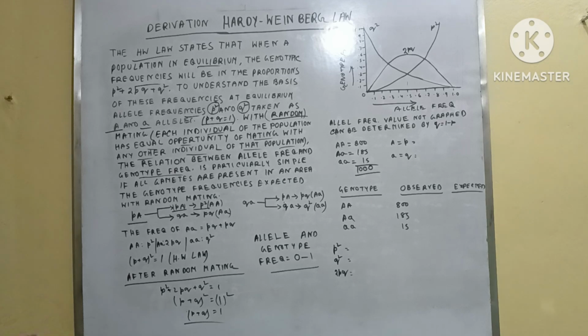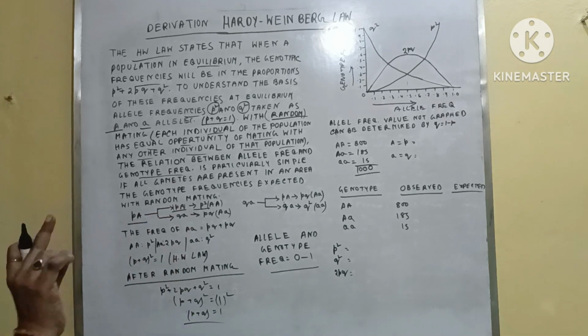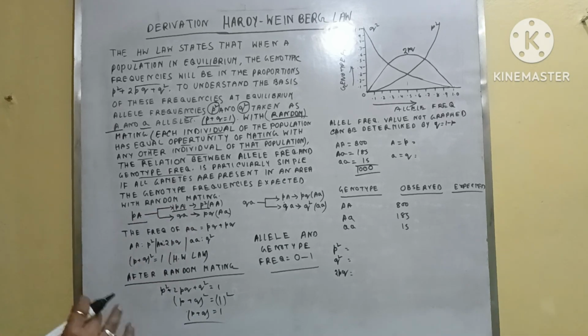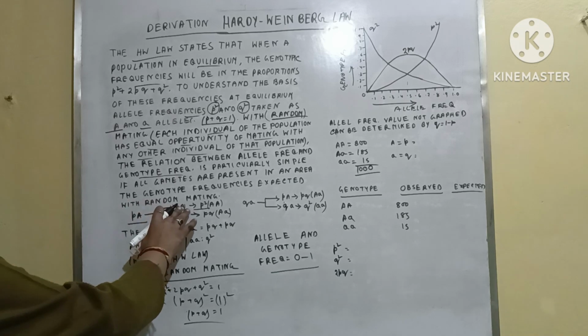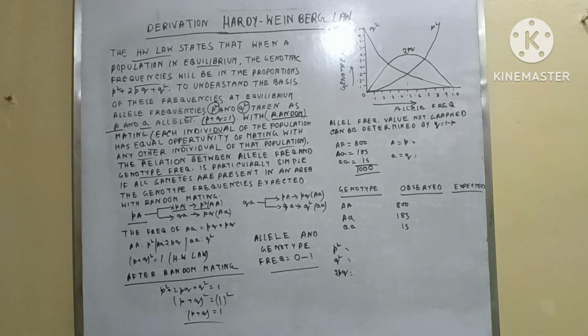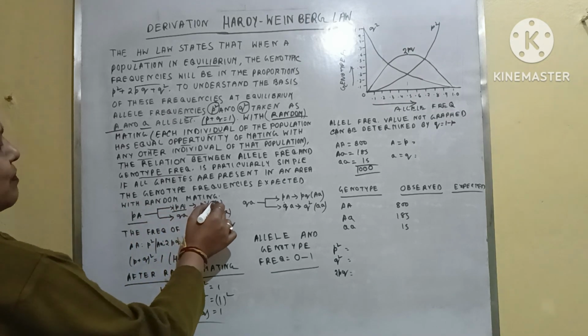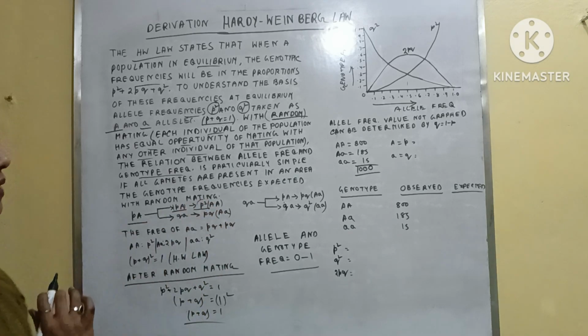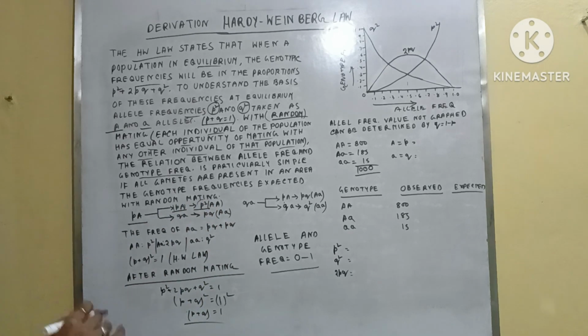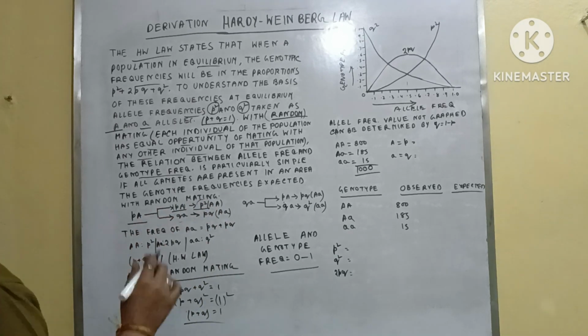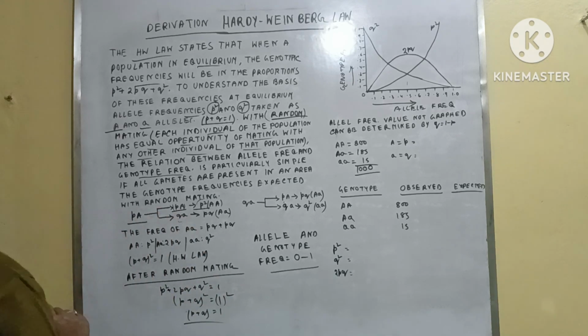Because in the homozygous condition, A does not remain only one; one capital A combines with another capital A, and the two are multiplied to form p square. Clear?